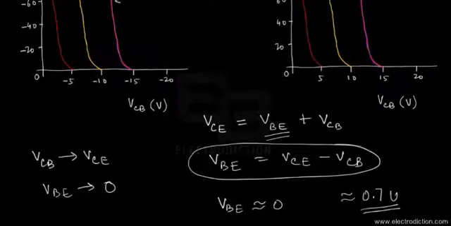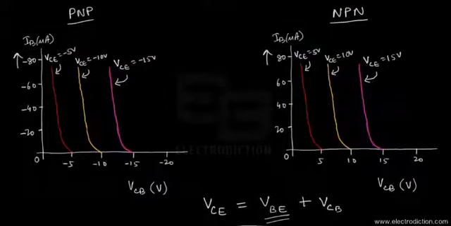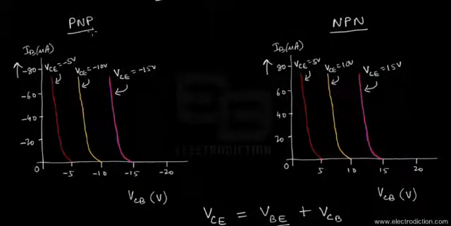This is exactly the story told by the input characteristics of both the PNP and the NPN type BJTs for the common collector mode of operation.